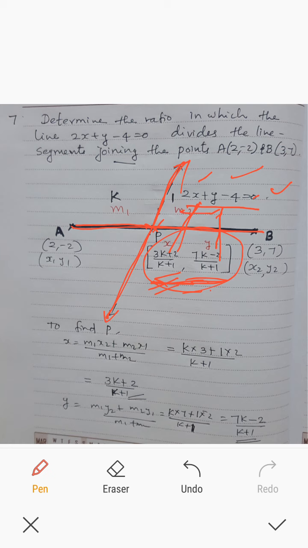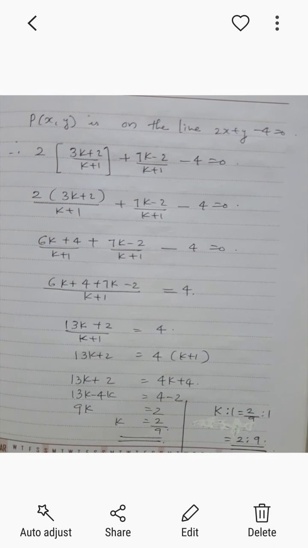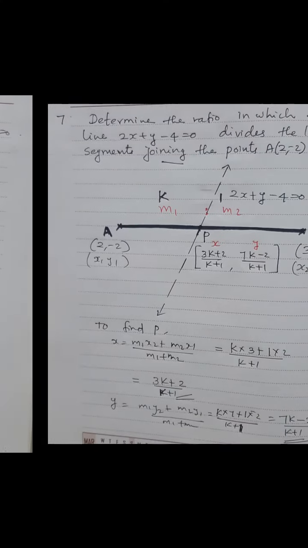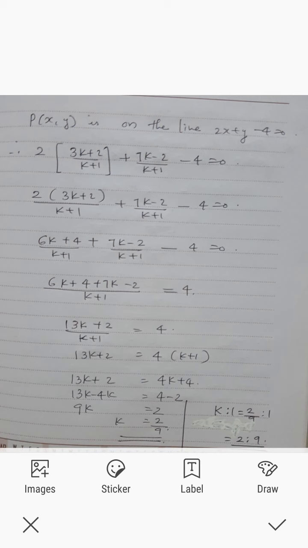In the equation of the line, we are going to substitute the x coordinate and y coordinate of the point P. Let's see how it is. See, the equation is 2x + y - 4 = 0.